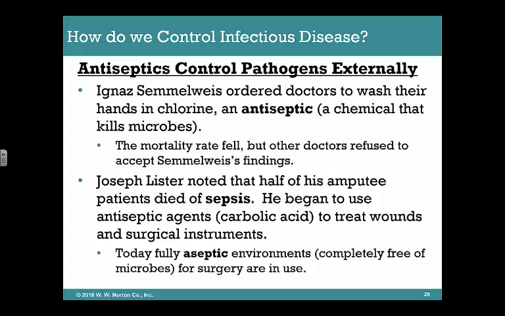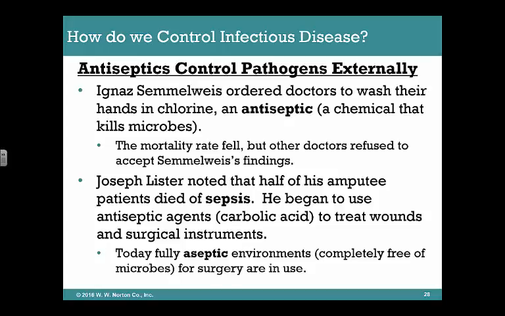Another important historical figure in this effort to control pathogens was Joseph Lister. Again, he was a surgeon, and he worked, in this case, with a lot of patients that were undergoing amputations, and he noticed that about 50% of his patients died after the operation of a systemic infection called sepsis.